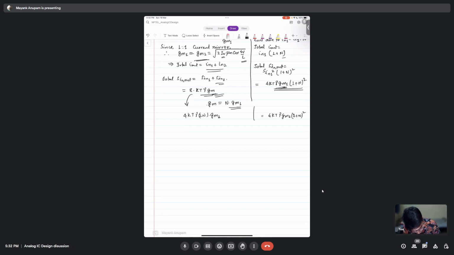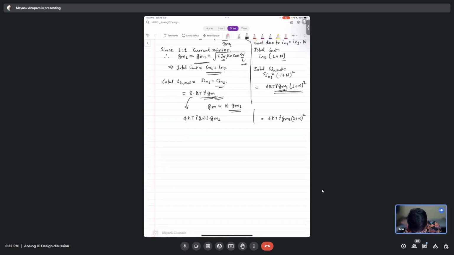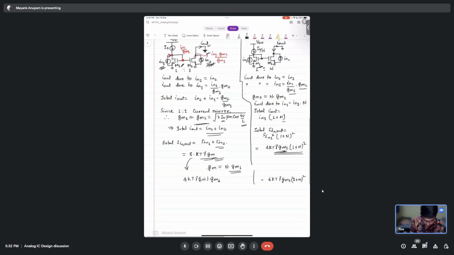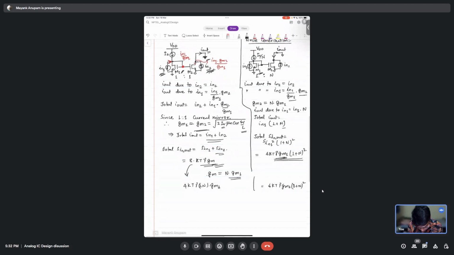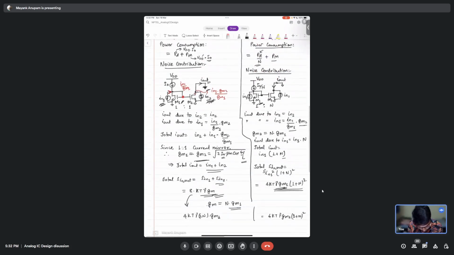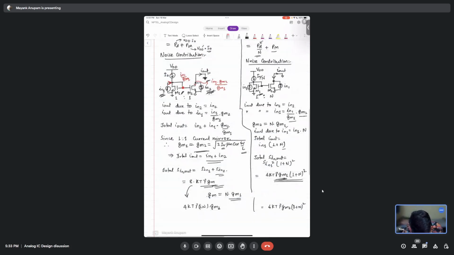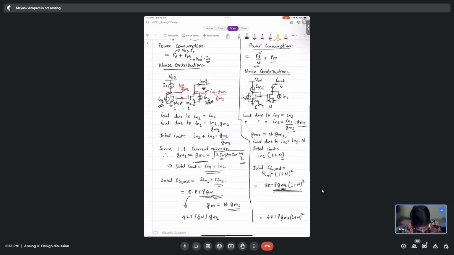Yes. There looks to be some inconsistency somewhere. There's 8 kt gamma gm, where gm is equal to n times gm1. This is fine. So this looks to be some inconsistency somewhere. What is this? Have I made some mistake somewhere calculation wise?